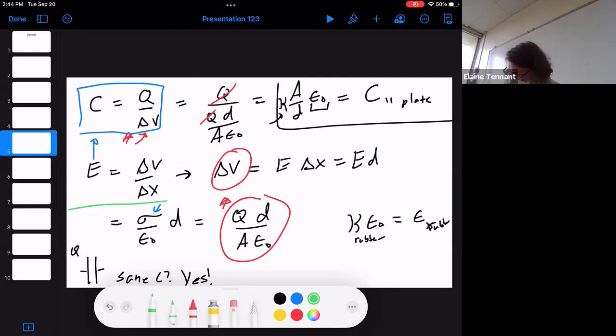So, in fact, here, let me look at this one. So if the potential difference, the way your potential changes, is equal to the electric field multiplied by the space that electric field is over, and your electric field is 0, what can you tell me about the voltage?